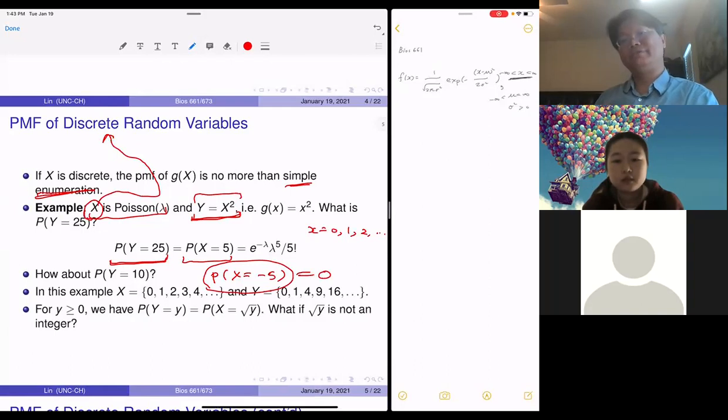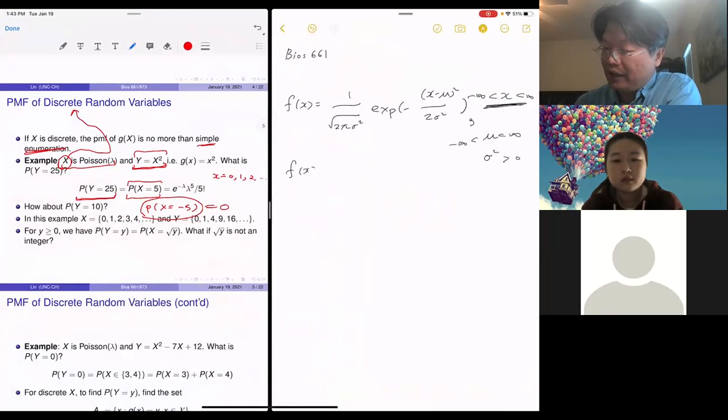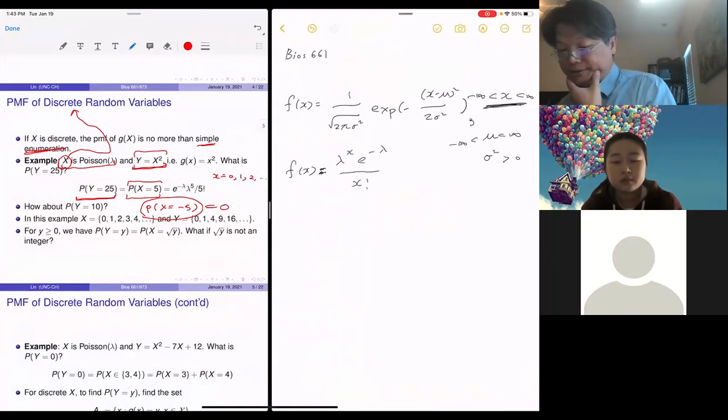That's how important it is that you know the domain of a random variable. Then it's nothing but counting. So the probability of X equal to 5 by Poisson's PDF, right? You could pull out the PDF from the distribution sheet. You know that, right? It's lambda to the x, e to the minus lambda, over x factorial, is the PDF of Poisson lambda.